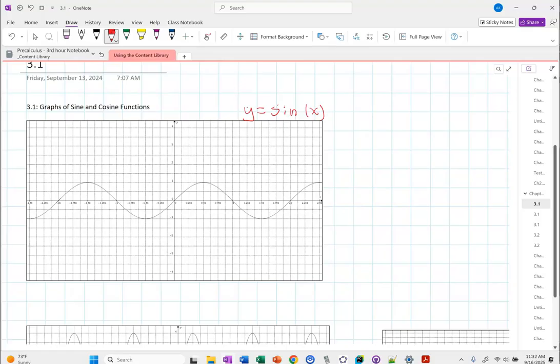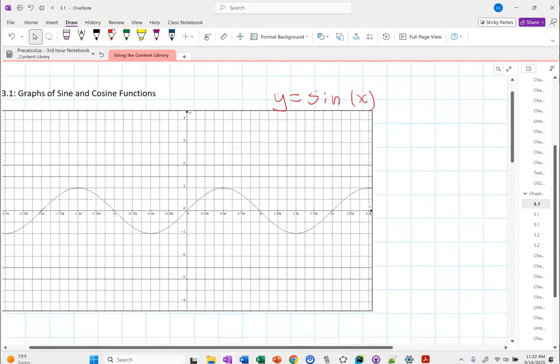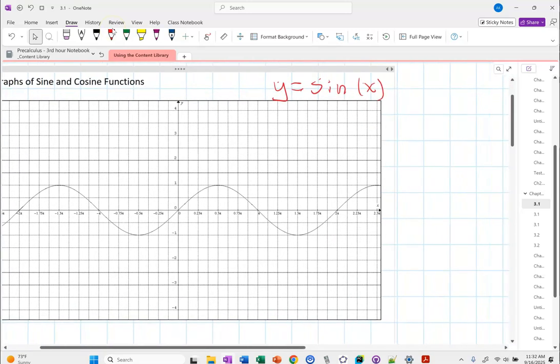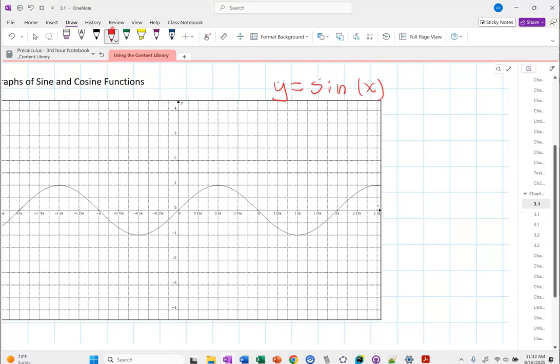So, what you're looking at when we look at this graph, again, the x-axis is going to be the angle, and the y-axis would be the y-coordinate from our unit circle.